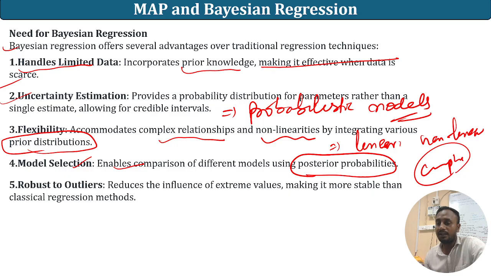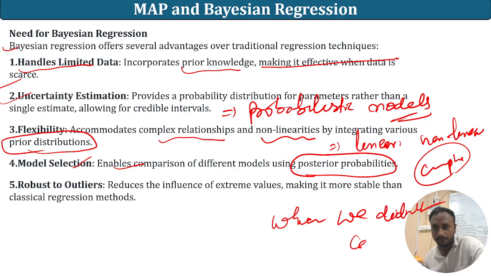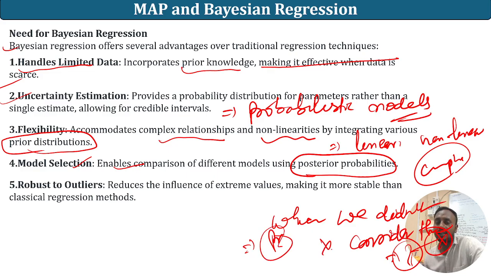So we can do the comparison. Let's say when we didn't consider the probability, some X value results came. But once we introduce the probability, the result came as X and Y. So now we can compare between the X and Y model.